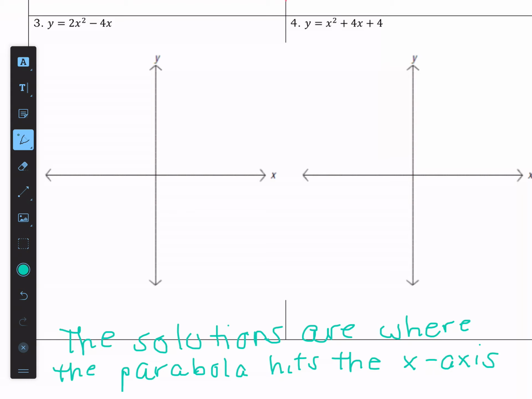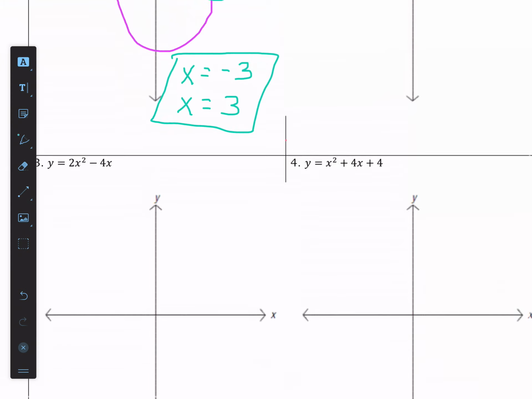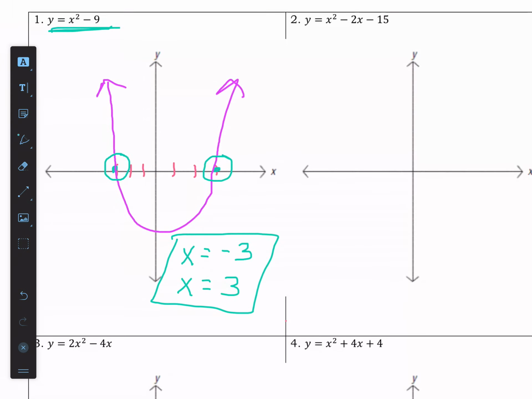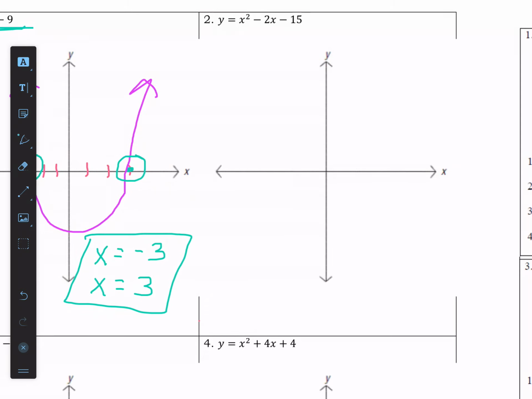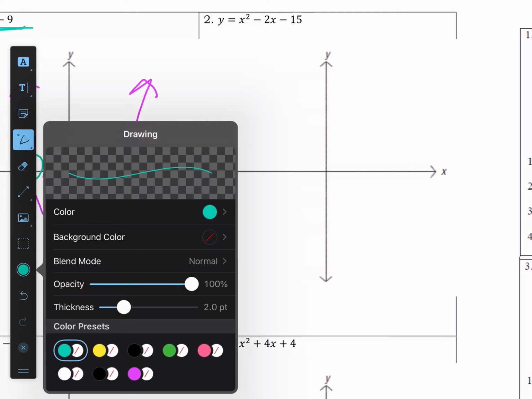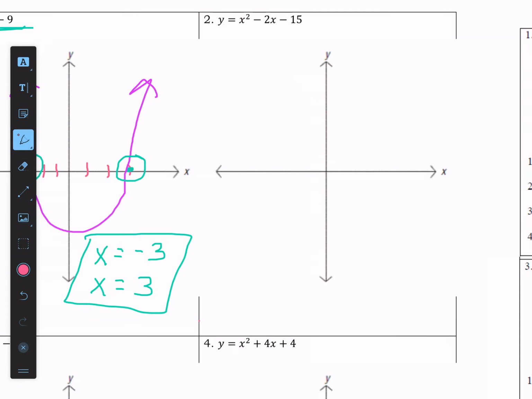It's very important to know that because it's really important that you have an understanding of how these problems algebraically and graphically relate to one another. Just because something's happening algebraically, that doesn't mean that it doesn't also have a geometric significance to it. So looking at the second one, x squared minus 2x minus 15. So let's say you were to look at the graph, without solving, you would see this.